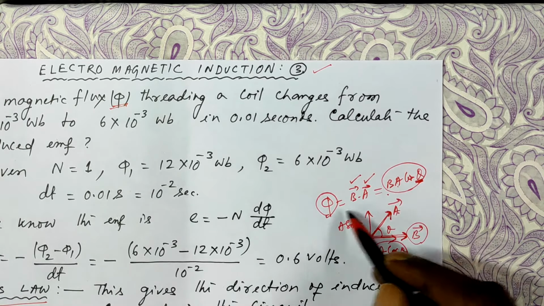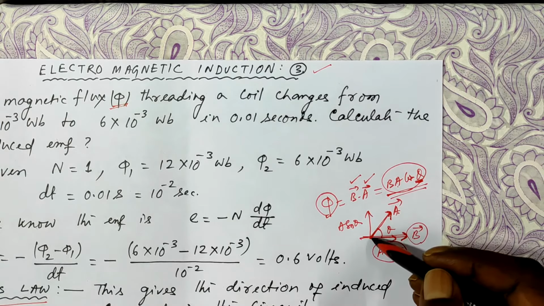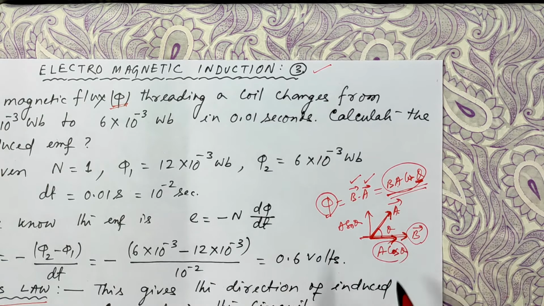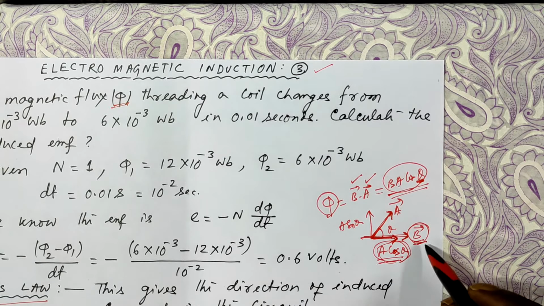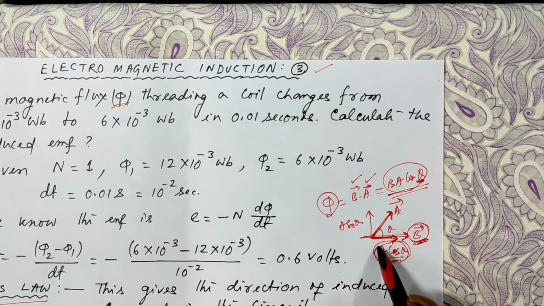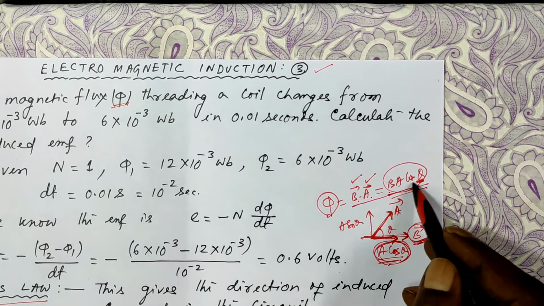That is why flux was defined as B A cos theta, because in the definition it is the number of lines of force passing normally. So by taking the component of A in the direction of B, the area vector and the field vector are in the same direction, meaning lines of force due to this B are coming out from A cos theta normally. That is why it was defined like B dot A, that is BA cos theta.